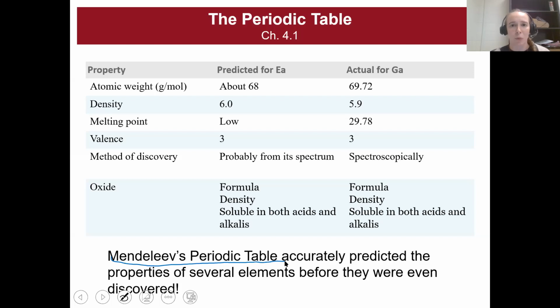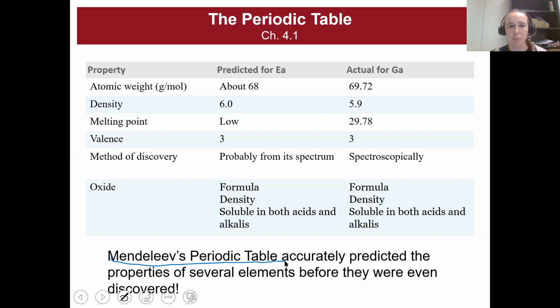A guy named Moseley discovered this property before he even knew what the atomic number corresponded to, before they knew the structure of the atom and they knew about protons in the first place. He found out that when you shoot X-rays at these different types of atoms, different frequencies are observed. Those frequencies corresponded to atomic number, not atomic mass.